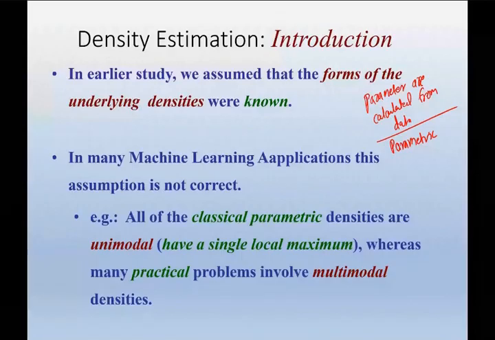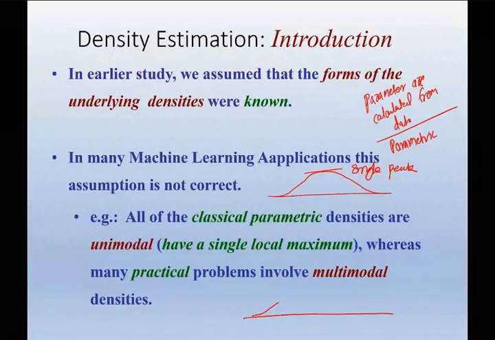Now, for example, suppose I take a multimodal density. That means there are many peaks in my data. Unimodal means I take a normal distribution curve where there is only a single peak. Suppose I have a data distribution something like this.